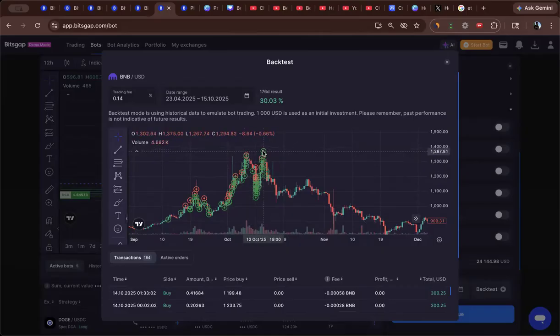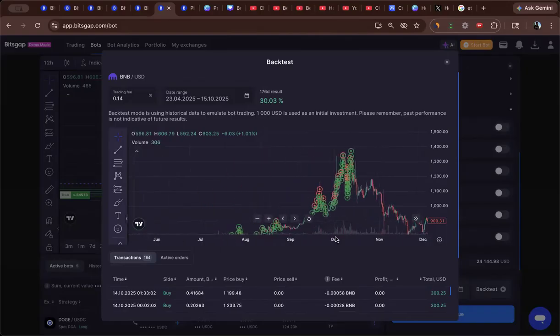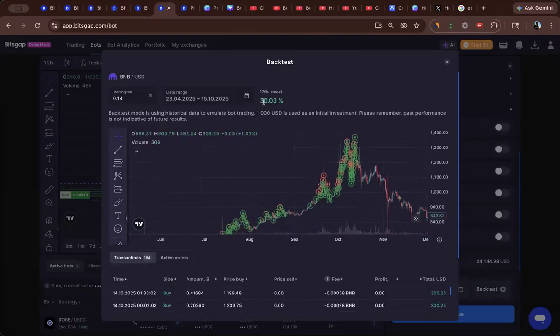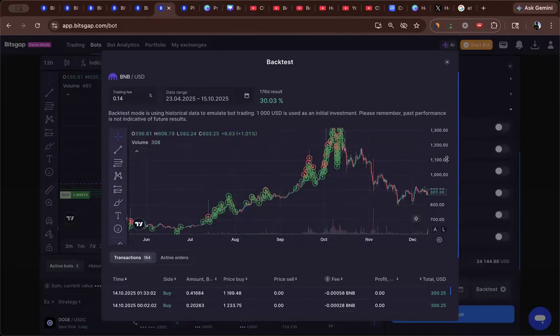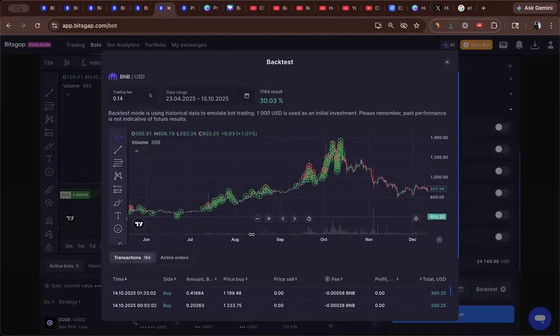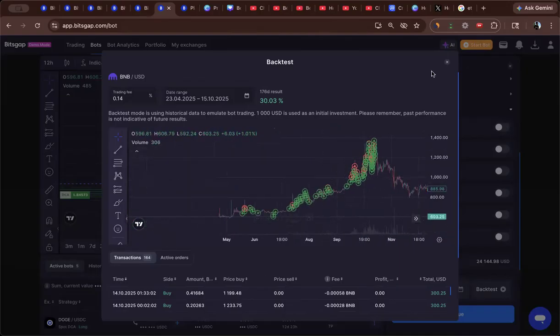And I don't know if that's an all-time high or not, because this chart only goes back to April of 2025. And I don't know how high BNB actually got before then. But these settings did a beautiful job of capturing all that and gave you a 30% return in 6 months. So that's pretty damn good.